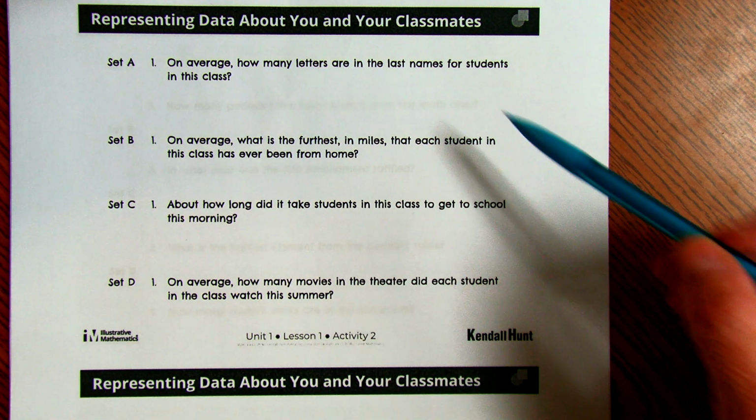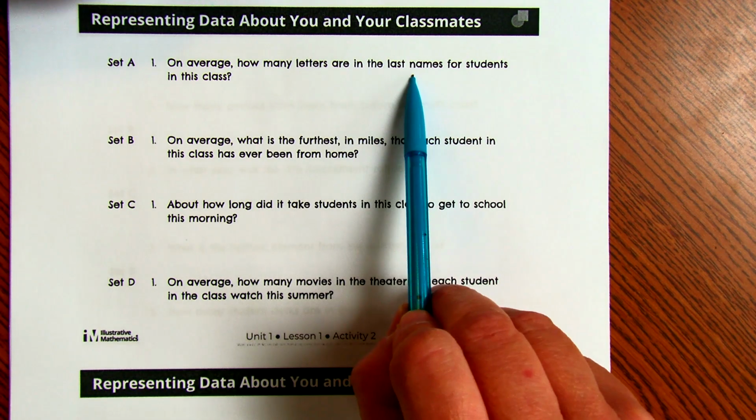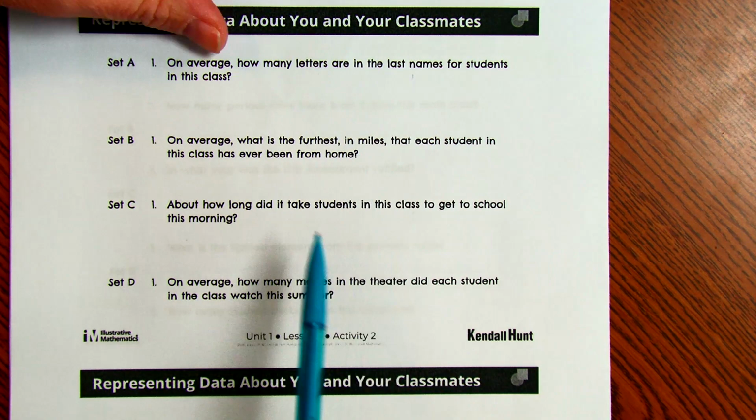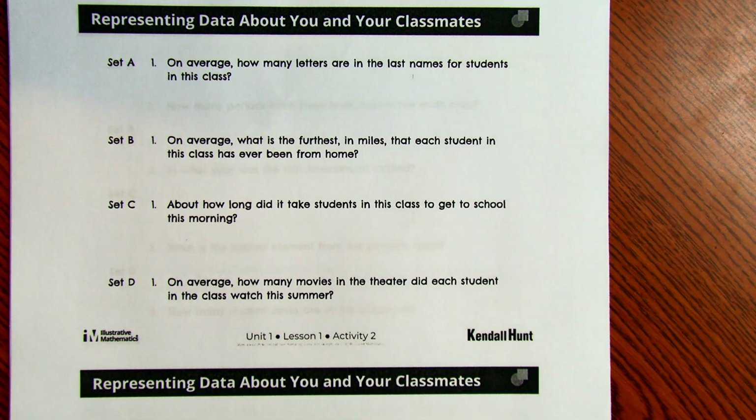So these are examples of questions that are going to have variability. Not everybody has the exact same numbers in their last name. Not everybody is driving the exact same amount of miles to school or have ever traveled from home.